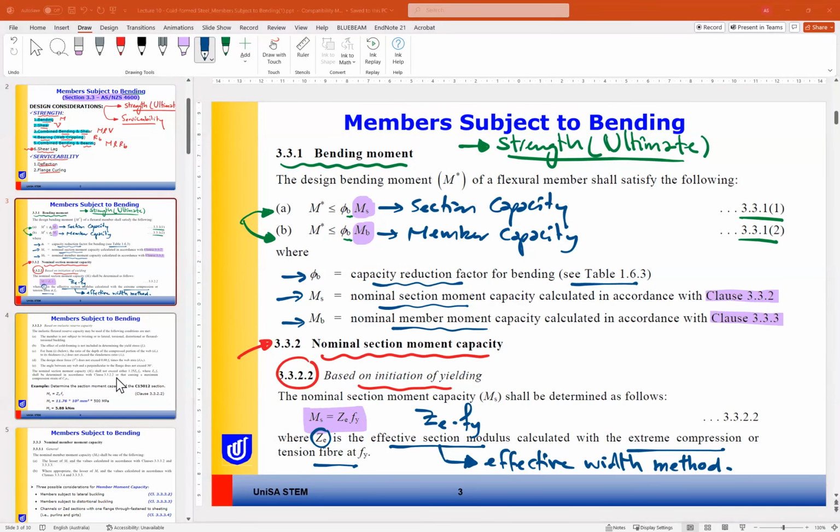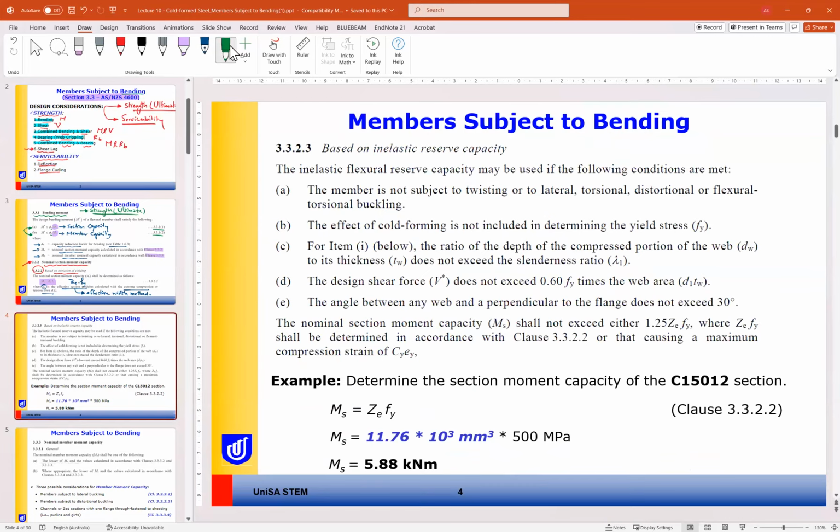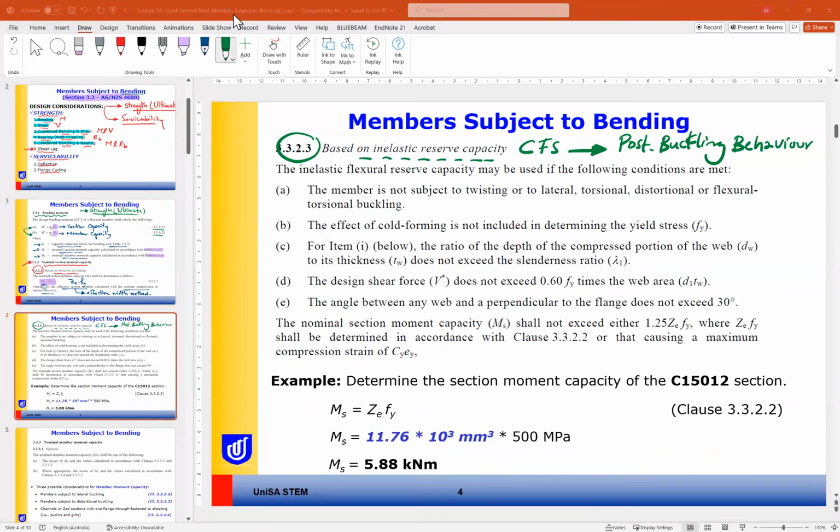The second method is based on inelastic reserve capacity. For cold formed steel sections, due to their post-buckling behavior, in some cases they can generate more capacity after buckling.